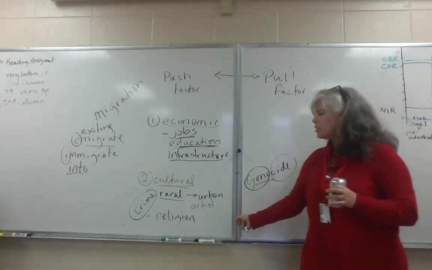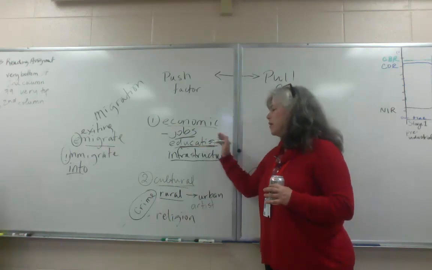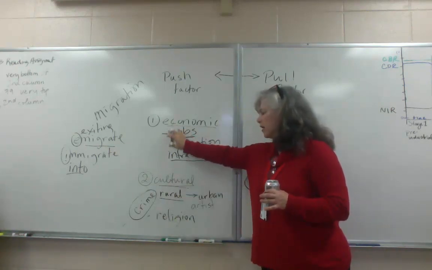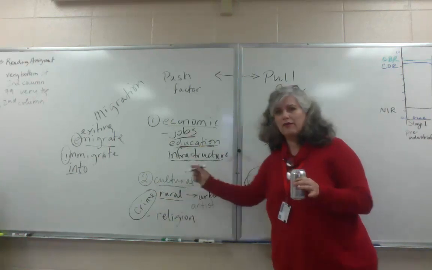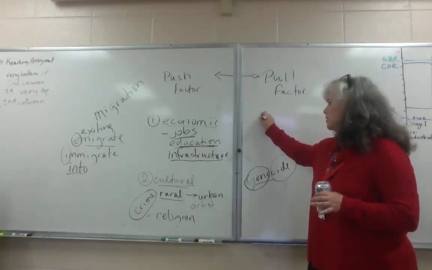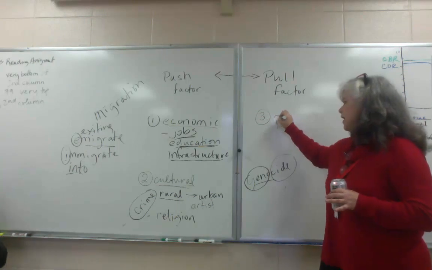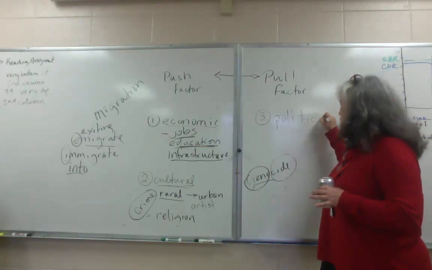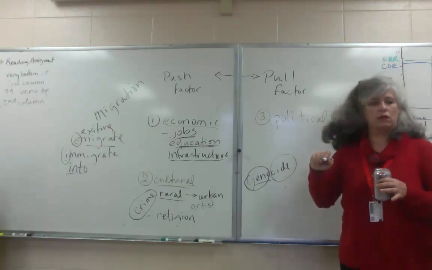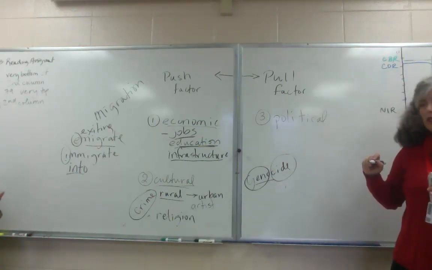There could still be some good reasons why you would put crime up here with economic, but I think I would go with cultural, or even the next one that we won't get to begin until Thursday, the next push factor, which is political.